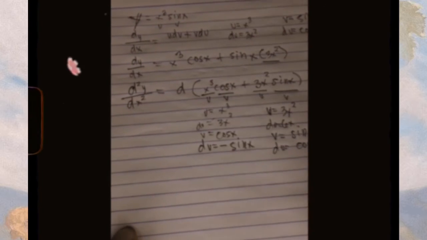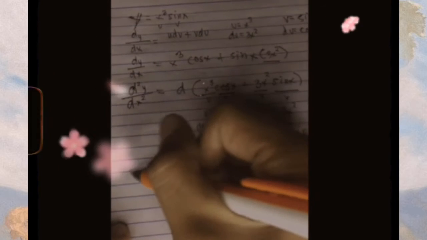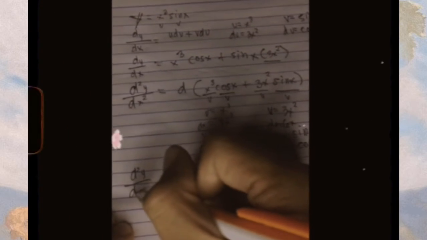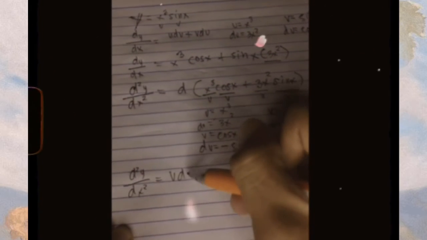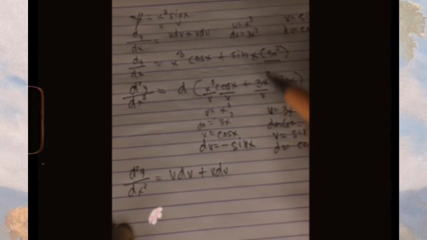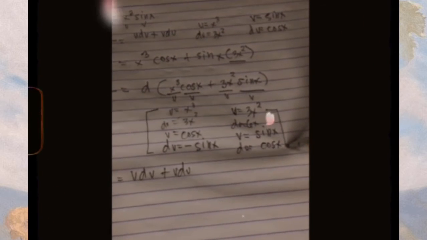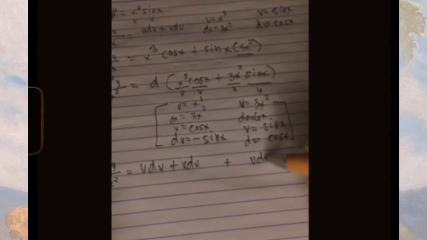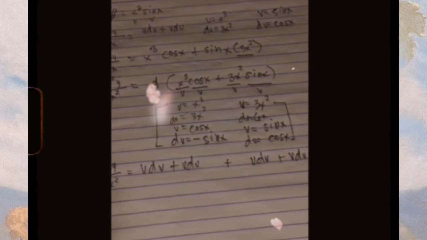So here is the whole product rule for the second derivative. So the second order derivative is equal to u dv plus v du, plus u dv plus v du.